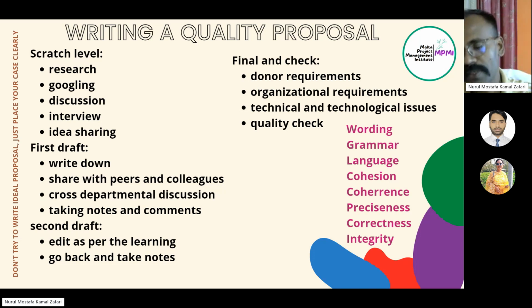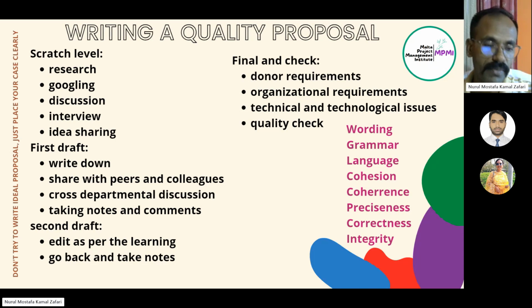Then check some technical issues: word limits, grammar, language, cohesion, coherence, preciseness, correctness, integrity, font size, italicizing, bolding, these technical things, and also the table, color, then page size, page orientation, these things.